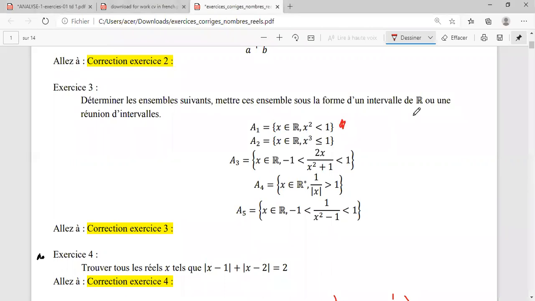And you should put them in an interval of real numbers, or if you want, under a union of intervals. That's what we've been told to do in that question.